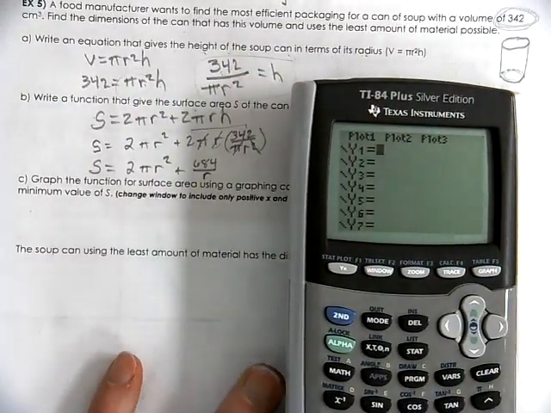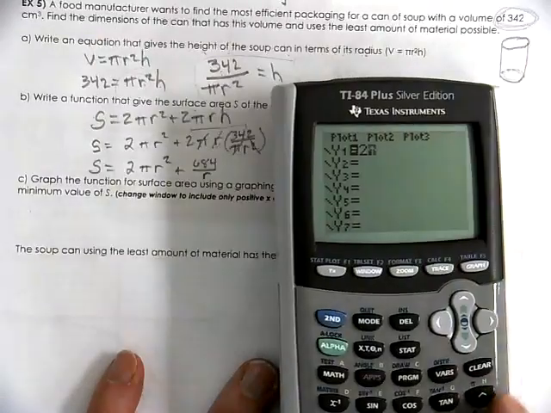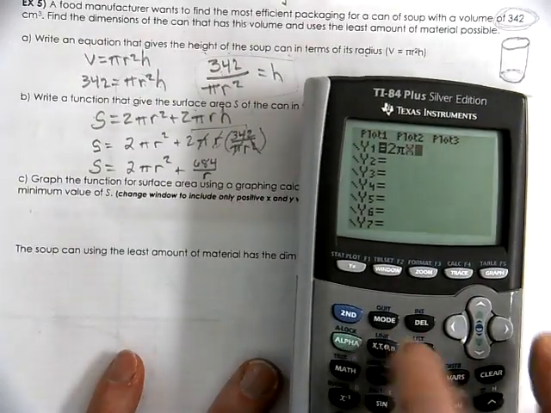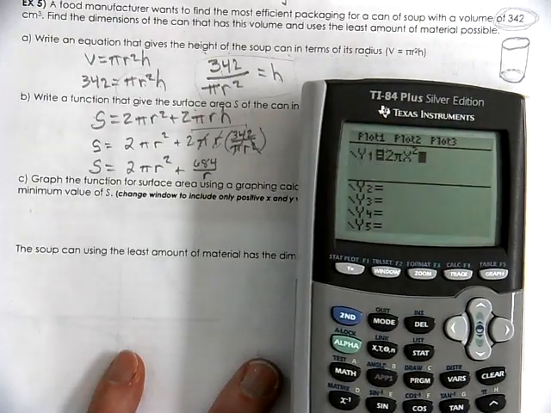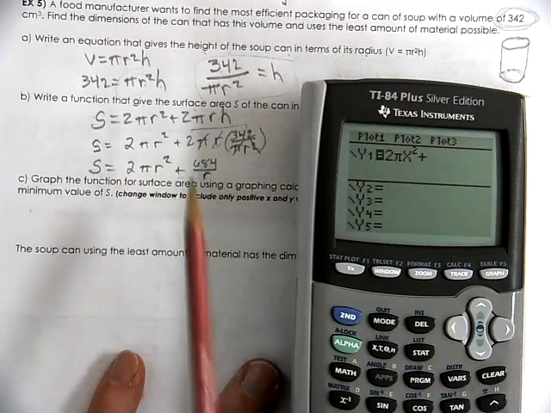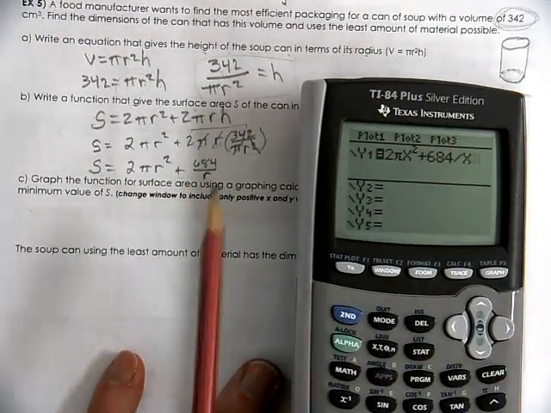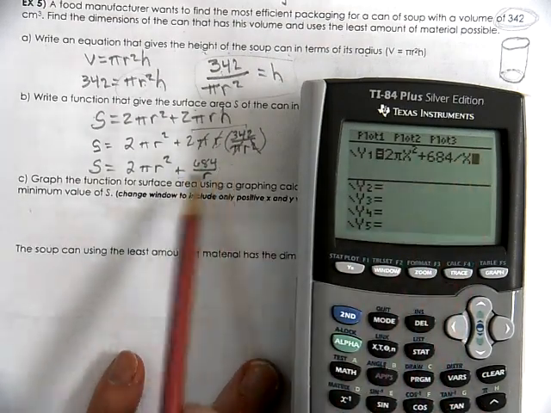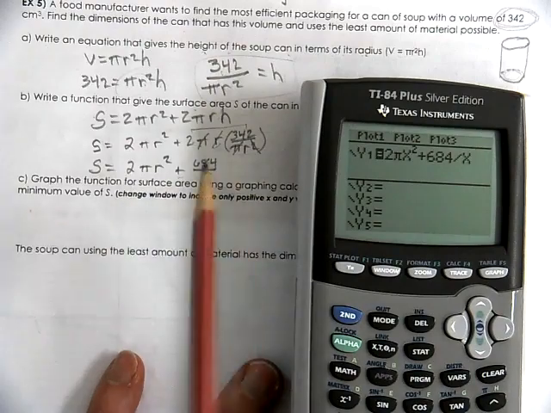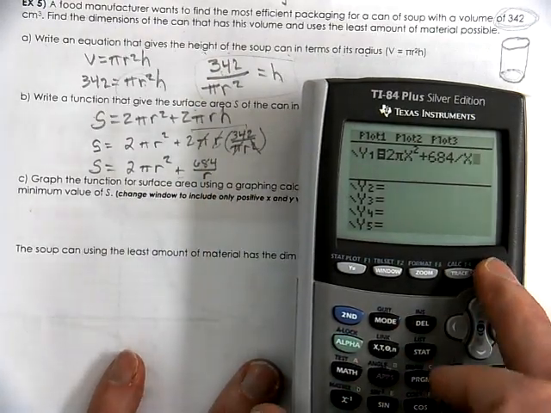So we'll take y equals, type in 2 pi, we have to use x because r is not an option, squared plus 684 divided by x. Alright, we don't have to worry about parentheses here because order of operations keeps it straight for us. And we can graph it.